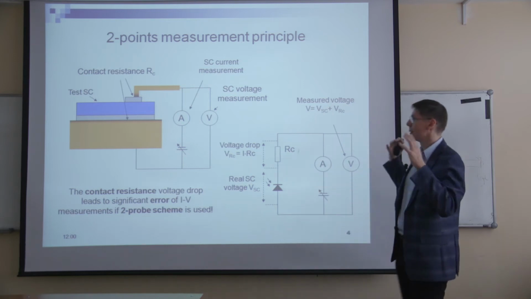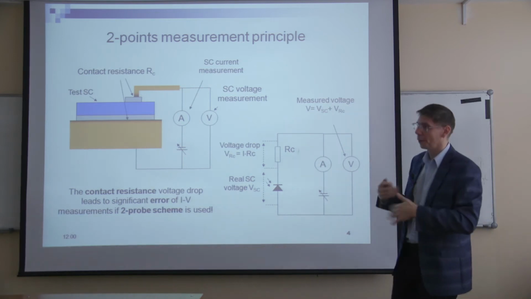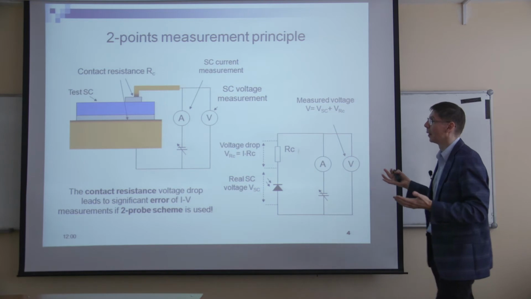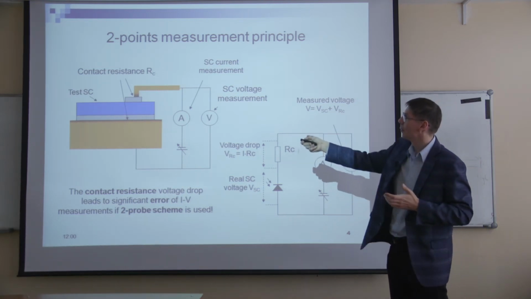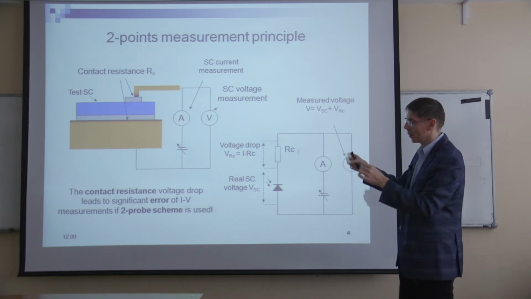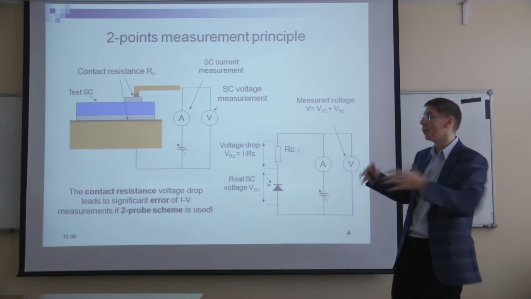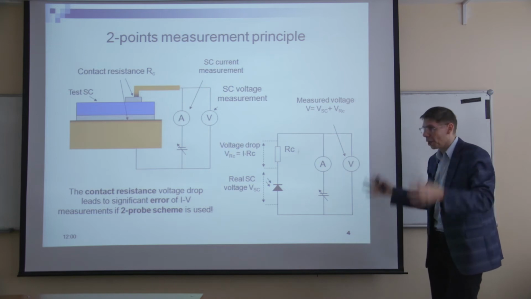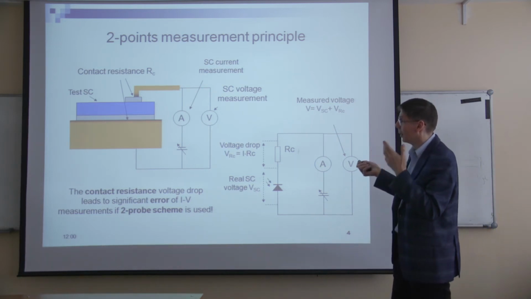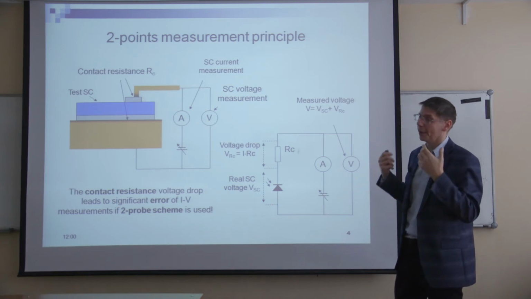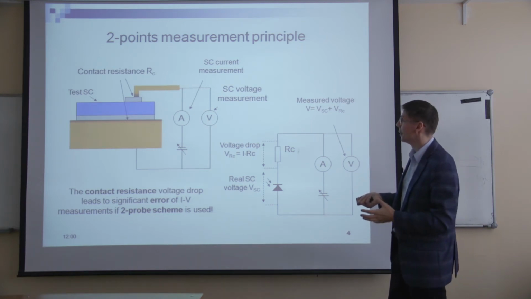It's just some kind of artifact resistance. It could even be the resistance of the wires. For example, if you have a tip or wires with a small diameter, or if you have a large area of the solar cell, in this case you can get a problem of the contact resistance.